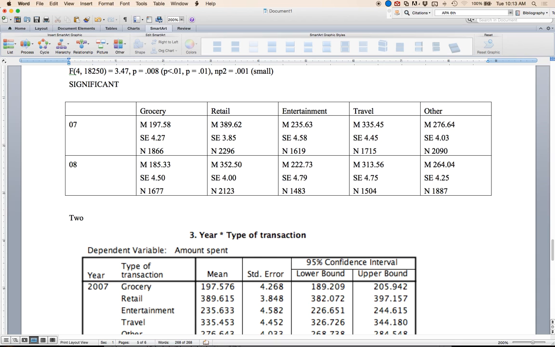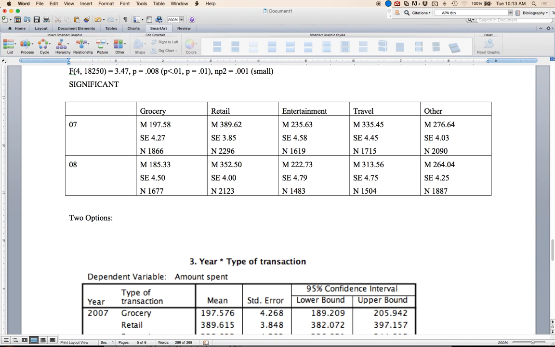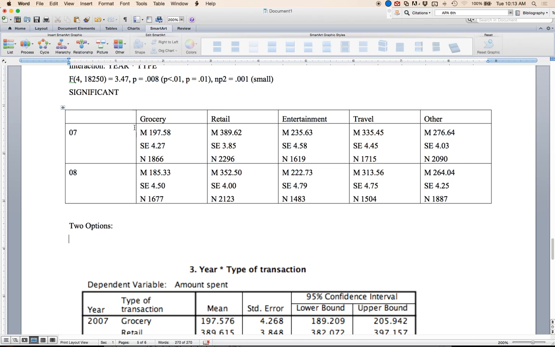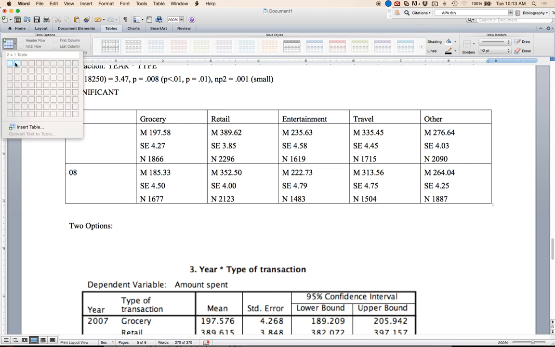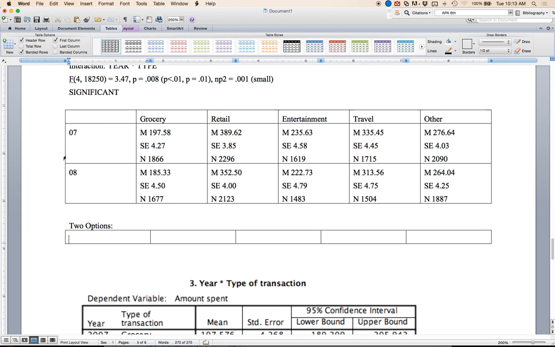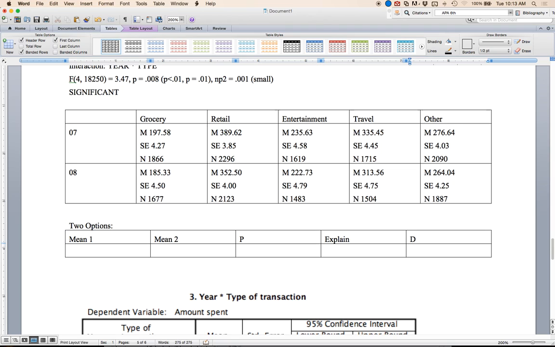So I've got two options. Let me make some post-hoc boxes here. Group 1, group 2, P, explain, and D. Okay.